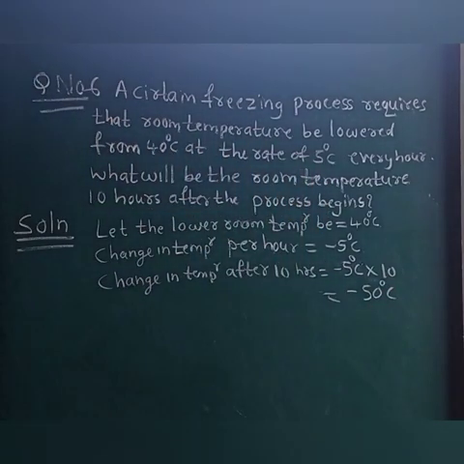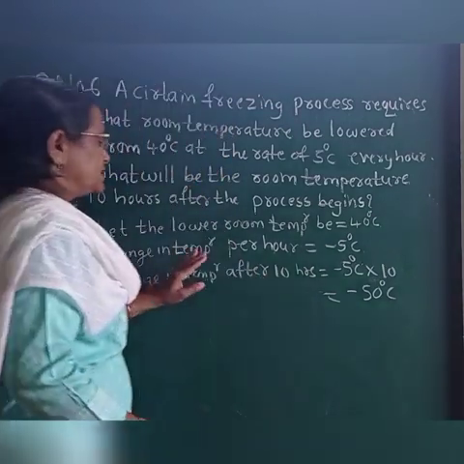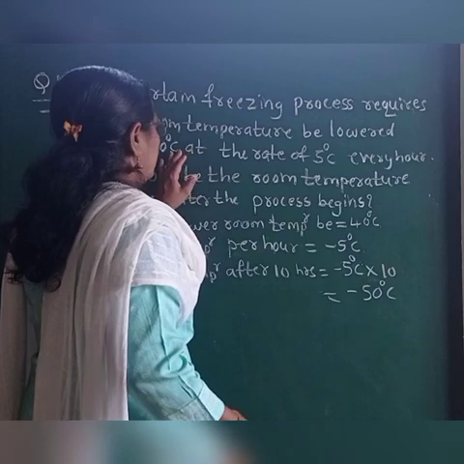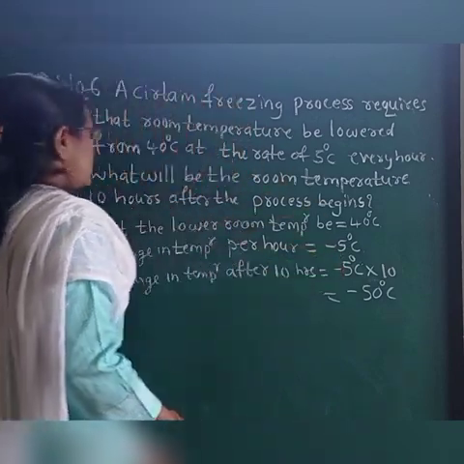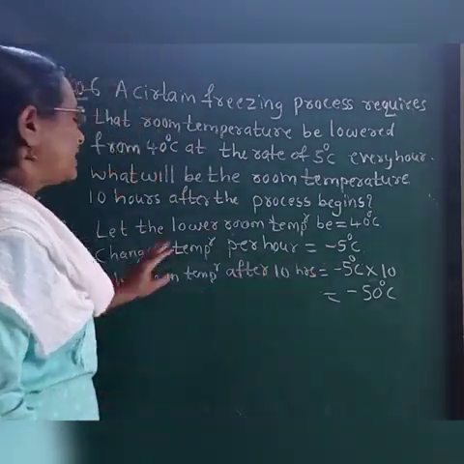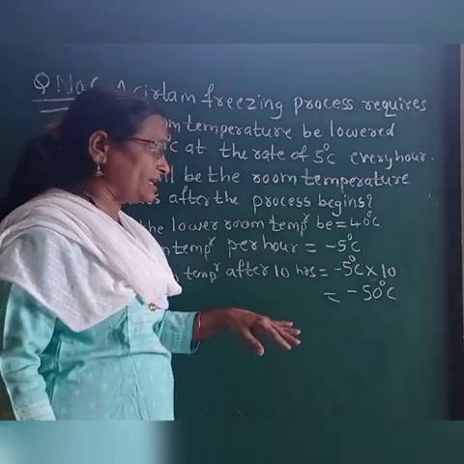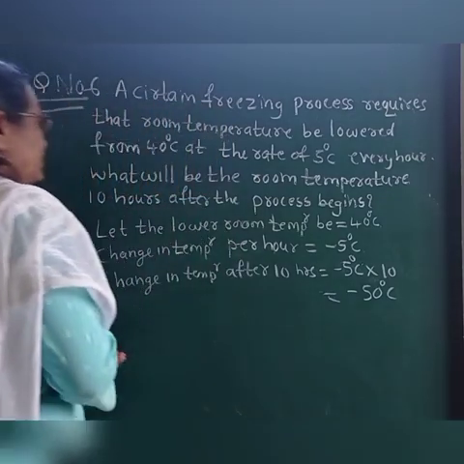Now the final room temperature we have to find. See here, first lowered room temperature is 40 degrees. Change in temperature per hour is 5 degrees, they gave. Why we are writing minus 5 is because it is lowered at the rate of 5 degrees. So it is minus 5 degrees Celsius. Change in temperature after 10 hours means we have to multiply it by 10. We will get minus 50 degrees Celsius.